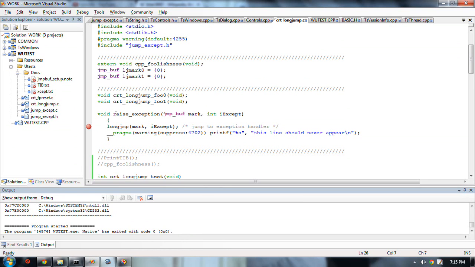Now I don't want to say much more about long jump in particular, but in keeping with the goal of speaking about things like random crashes and whatnot, there's another type of use of set jump and long jump that can deal with asynchronous events, things like crashes.